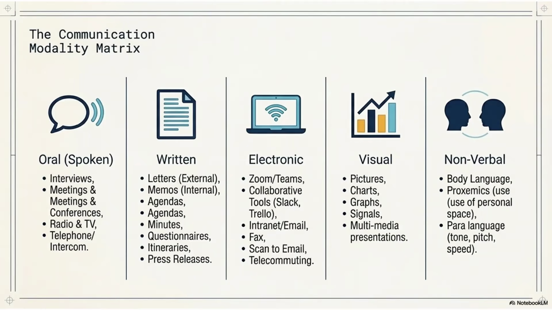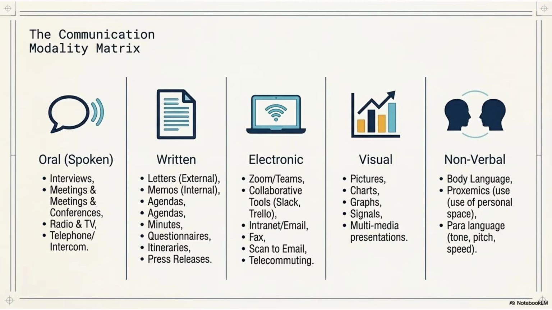All of these things will be considered electronic communication. And you have visual, which is also what we're doing right now. Me using presentation is considered visual communication. So showing you pictures, charts, graphs, examples. This will be considered visual communication.